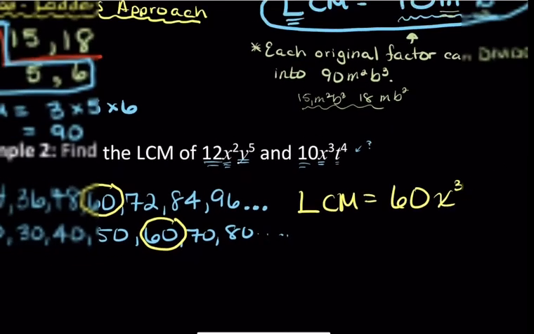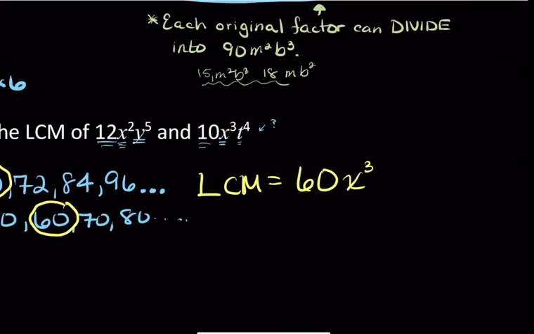So what you want to do is, again, follow that rule of using the highest power of everything. So the highest power of y is the only power of y, which is y to the fifth. There's no other y's. And the same thing applies for that t factor right there, t to the fourth. There's no other t's. So you have to put that down.